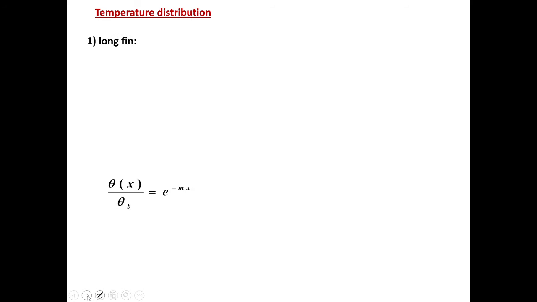So now we will discuss temperature distribution. For a long fin, θ(x) upon θb, that is the temperature difference, where θ(x) is the temperature at x and θb at the base point, equals e raised to the power minus mx.